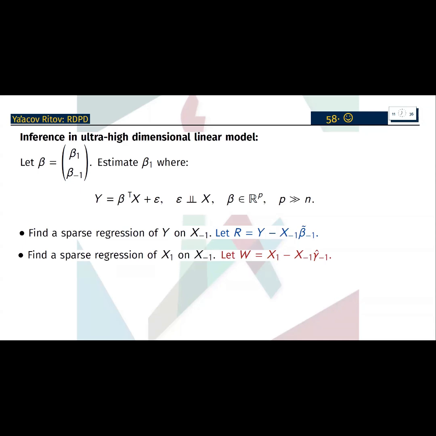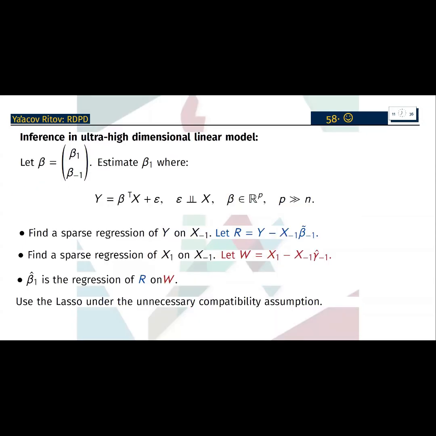And let's look at the residual now. And use as your estimate just a regression of R on W, the residual of regressing y on x minus 1 on the residual of x1 on x minus 1. And under standard necessary conditions, like compatibility, restricted eigenvalue, whatsoever, we can use a lasso or anything similar.